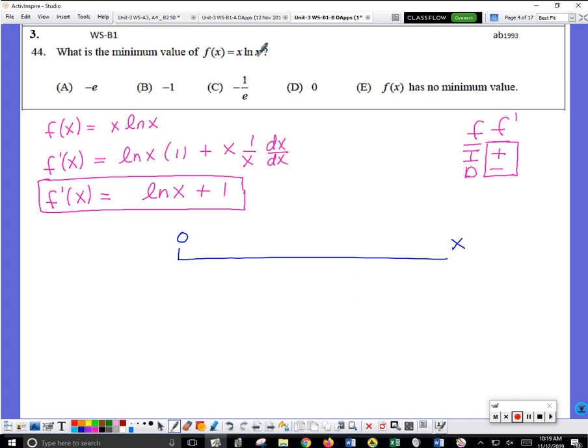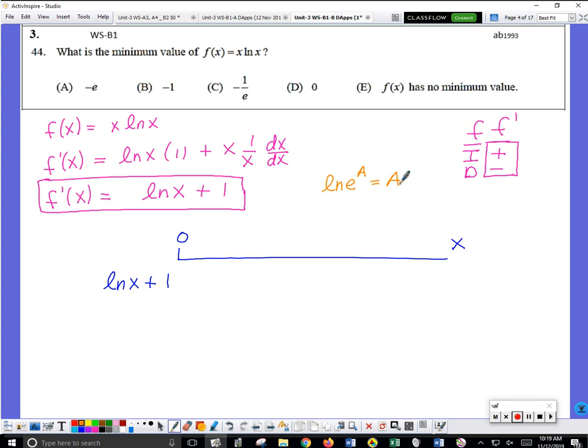Okay, so we're going to chart this. So ln of x plus 1. Okay, now I need to have memorized this formula. Natural log of e to any exponent is just the exponent. There are not a lot of values that I can find for natural log. I don't have them memorized.